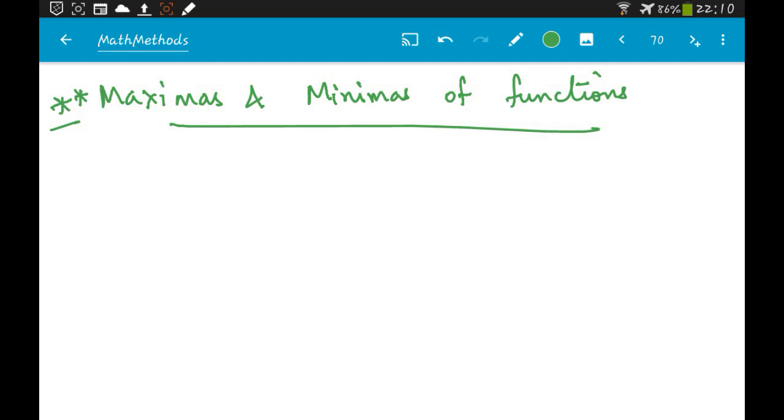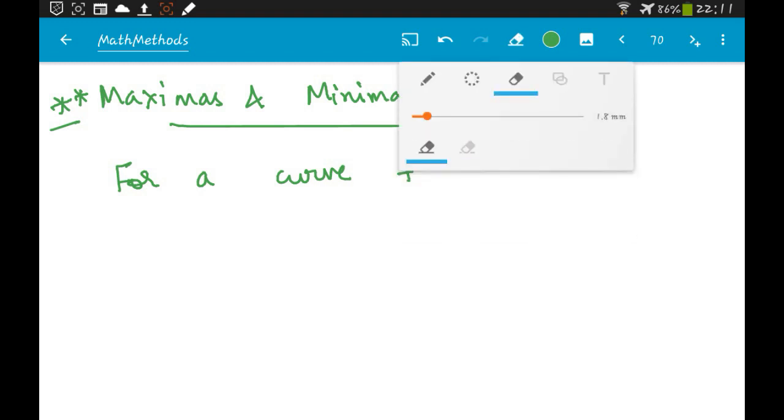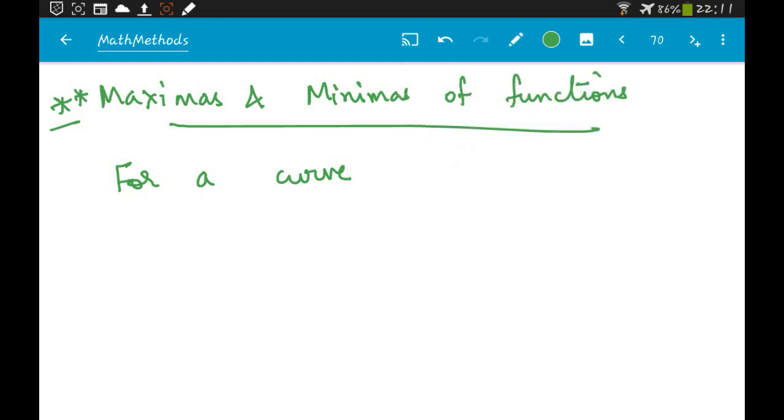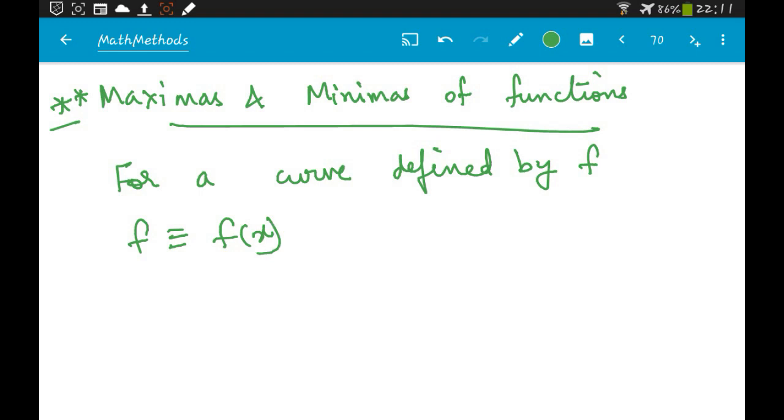Let's say you have a curve. So for a curve defined by f, where f is some function of x, how do you find the minima and maxima? We know this from our 12th standard calculus, right?